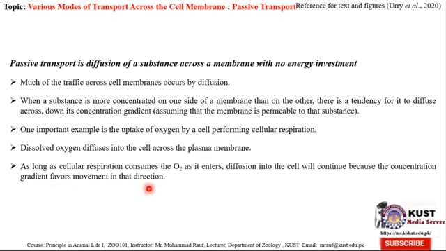So if a cell is continuously carrying out aerobic cellular respiration, then that cell is actively consuming the oxygen which is coming inside, and therefore the concentration gradient will be maintained because there will always be fewer oxygen molecules inside as compared to outside. So the flow of oxygen towards the inside of the cell will continue, but a prerequisite is that there must be aerobic cellular respiration going on inside the cell.